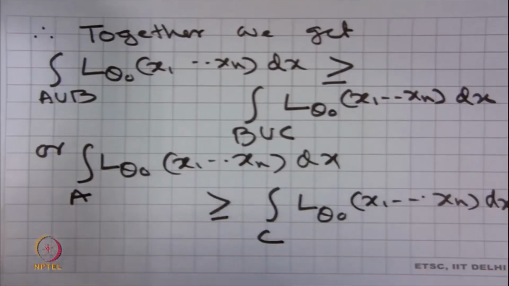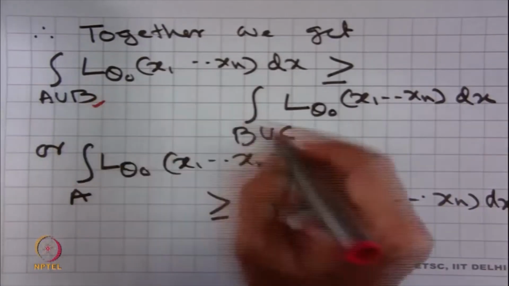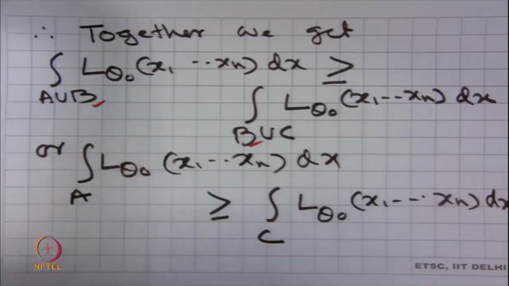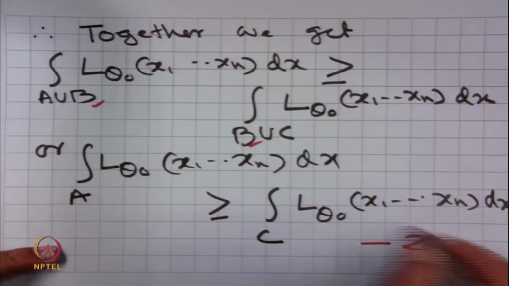This happens because B is common to both, and therefore we can take away the B part and we get this inequality. Let us call it 2.